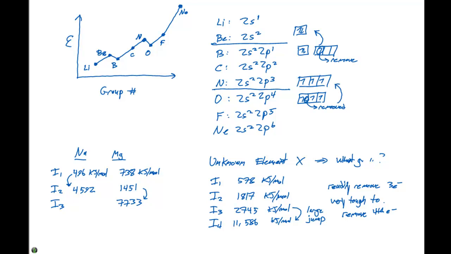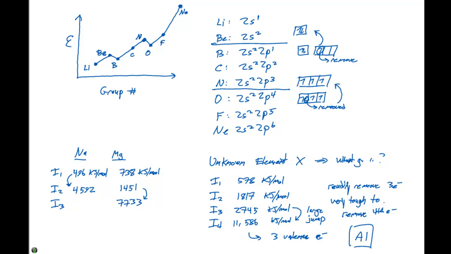So this means that this particular unknown element has 3 valence electrons. So it's most likely that this element is in group 3. And actually, this is the experimental data for aluminum.